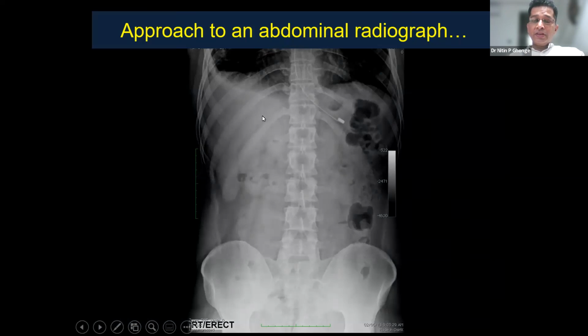So in an abdominal radiograph, you are particularly interested in the KUB region. So this is the L1, L2, and L3 vertebrae, and this is the right renal margin, and this is the left renal opacity. The margins of the kidneys can be seen in most of the radiographs, depending upon the amount of fat in the retroperitoneum.